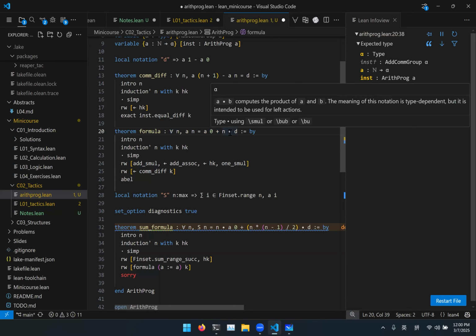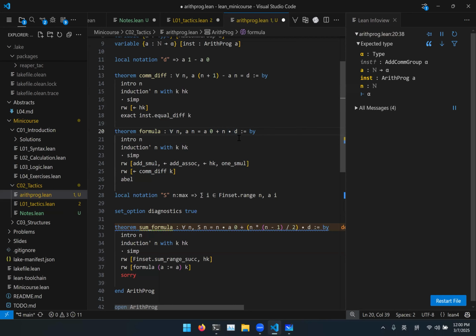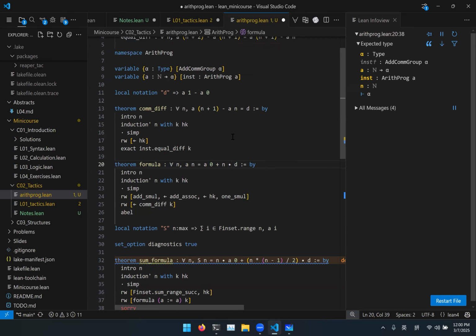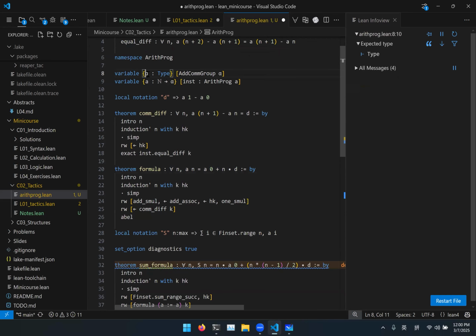Note here I use a scalar action instead of multiplication because we let this series be of arbitrary type, as long as this type has an additive commutative group.